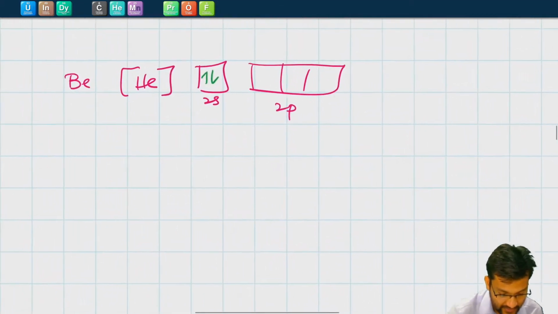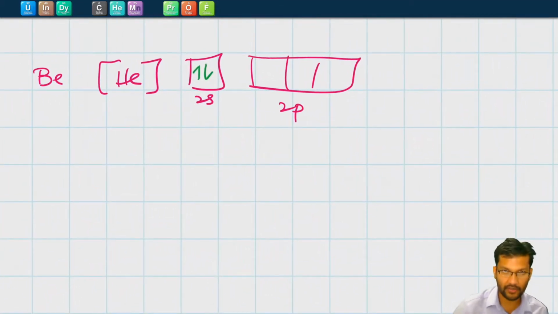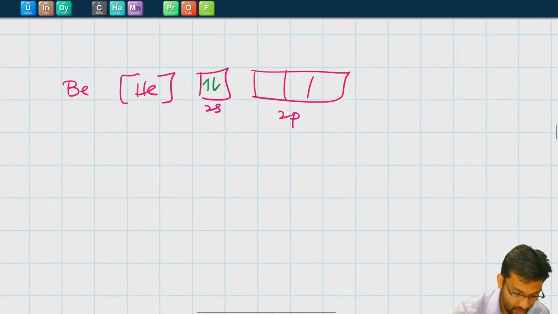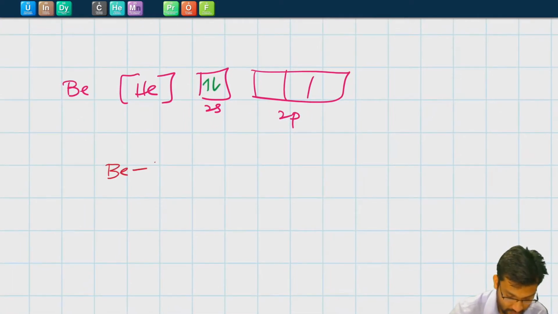And in our previous video, we talked about how valence bond theory talks about bonds forming when there is overlap of atomic orbitals that are not paired. But in beryllium, there is no unpaired electron. So how can beryllium then form this bond? It has no unpaired electrons to help form a bond.